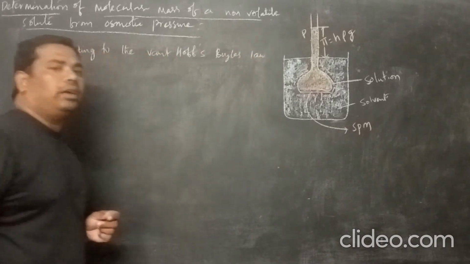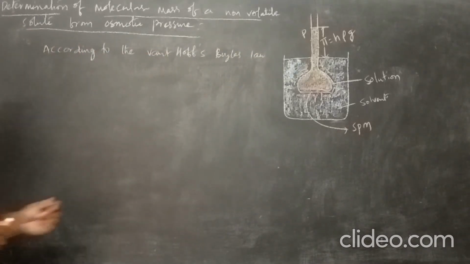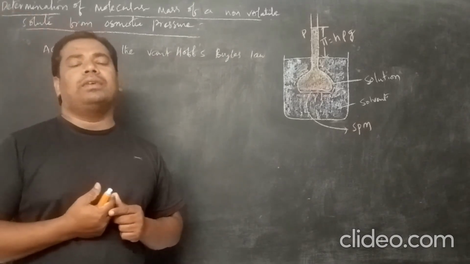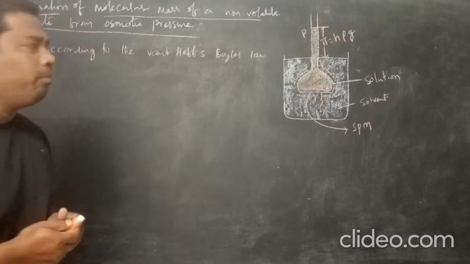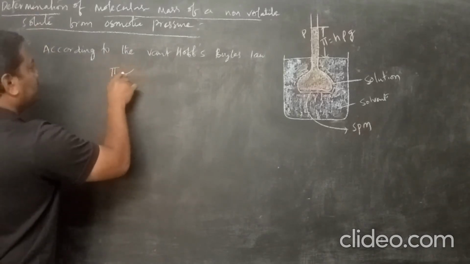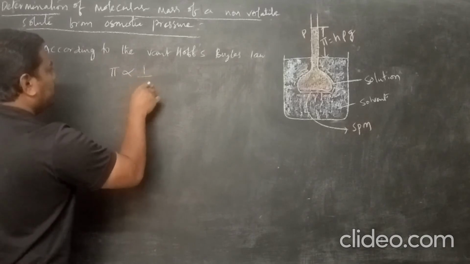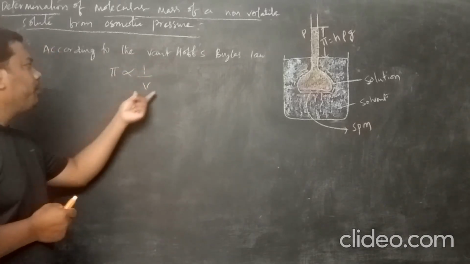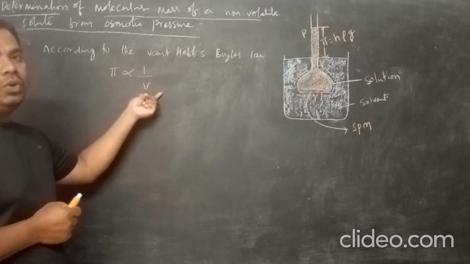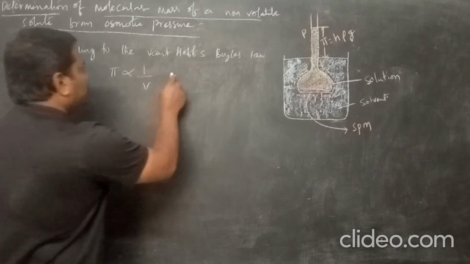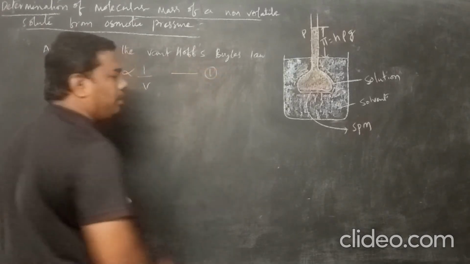According to the Van't Hoff Boyle's law, so we know very well about Boyle's law. So Boyle's law is P is inversely proportional to 1 by V. So according to the Van't Hoff Boyle's law, osmotic pressure is inversely proportional to 1 by V. So here the volume of the solution increases, the osmotic pressure will decrease. So let us assume this is equation number 1.